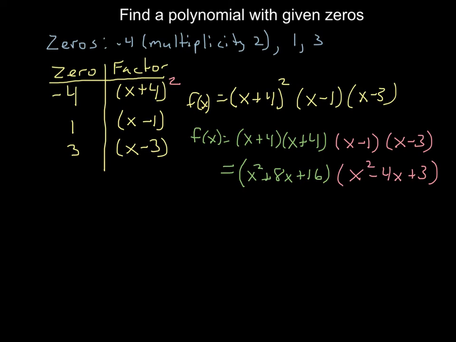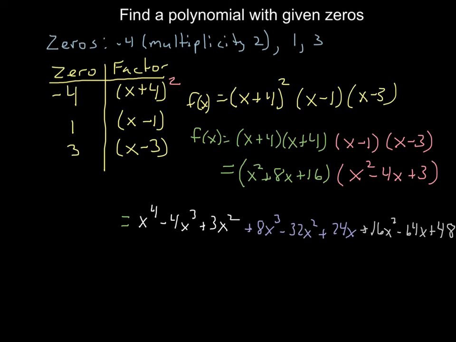Then I'll multiply the 8x by everything I see in red, and then the 16 by everything I see in red. Once I have everything multiplied out, I can begin to combine like terms. So what I'd like you to do is pause the video and write out what you get when you take x squared times all of this, then the 8x times all of that, and then the 16 times all of that.